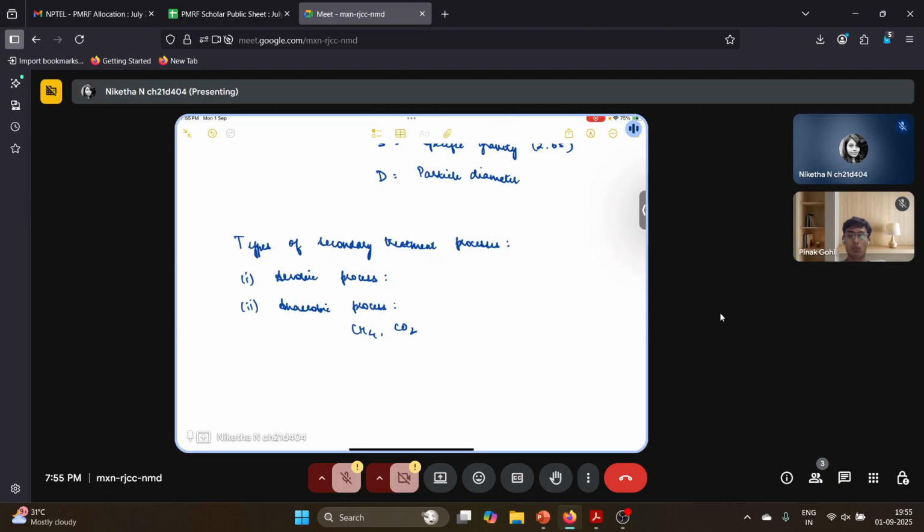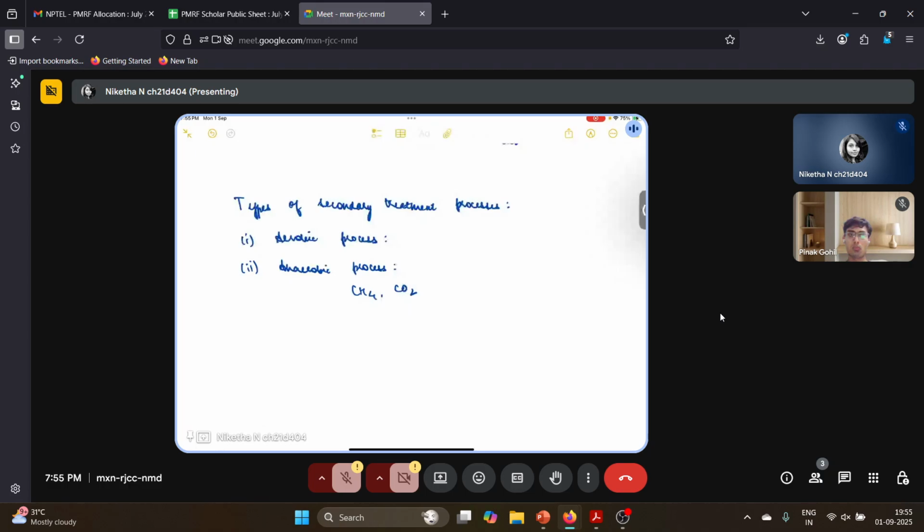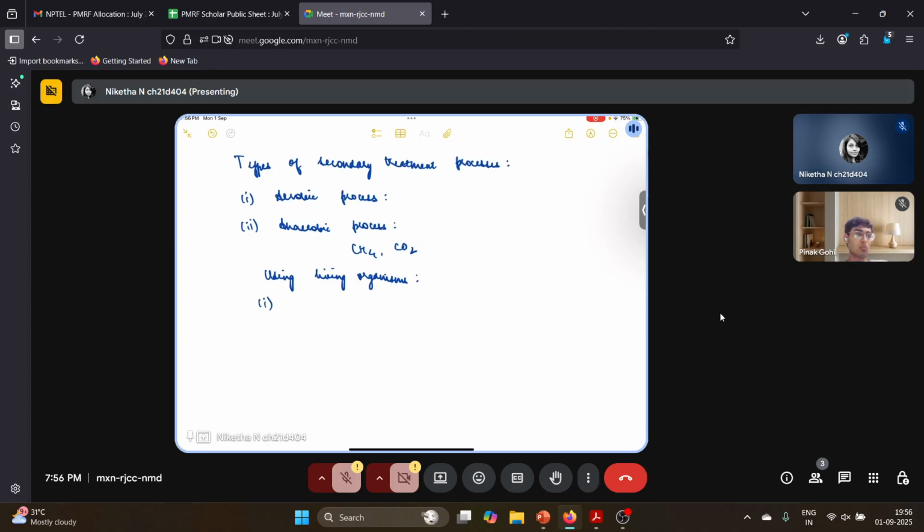These two processes use bacteria, aerobic bacteria and anaerobic bacteria. There are also processes which use living organisms directly, such as plants, called phytoremediation.